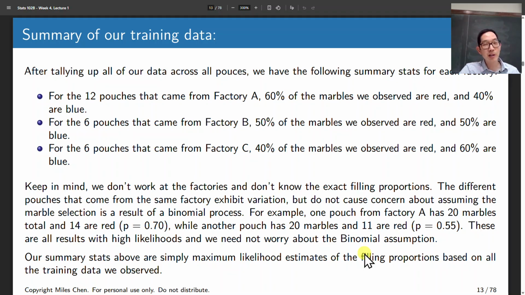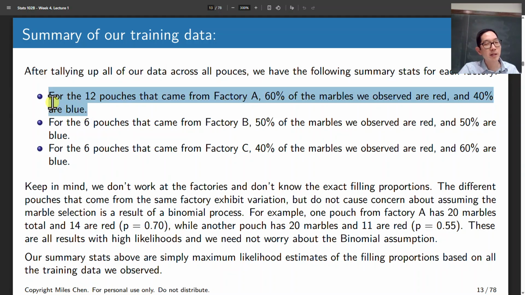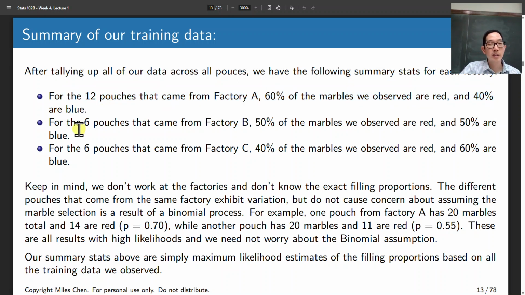We do this with all of the different pouches that come from factory A, and overall, 60% of the marbles that come from factory A are red and 40% are blue, okay? So factory A tends to do 60% red, okay?